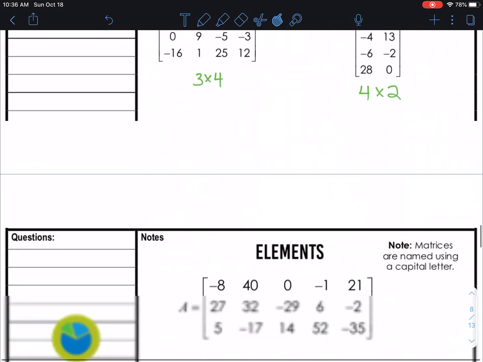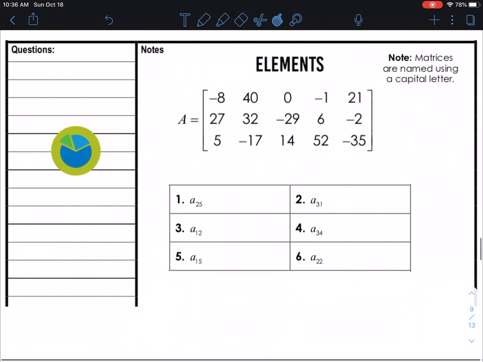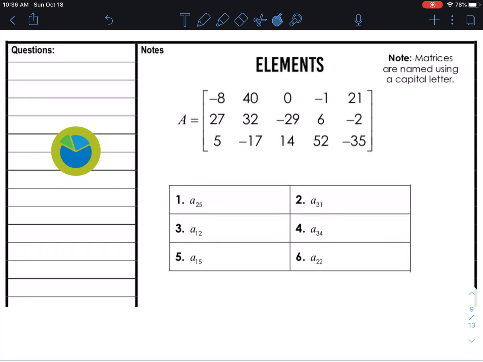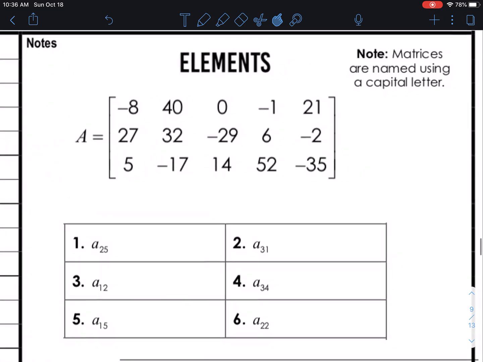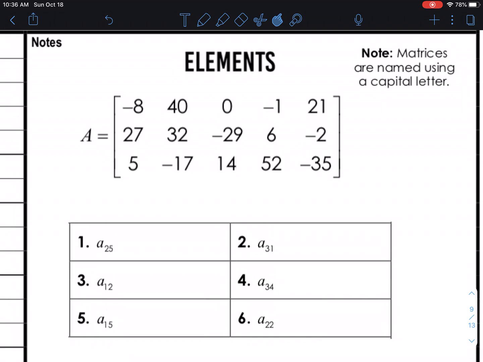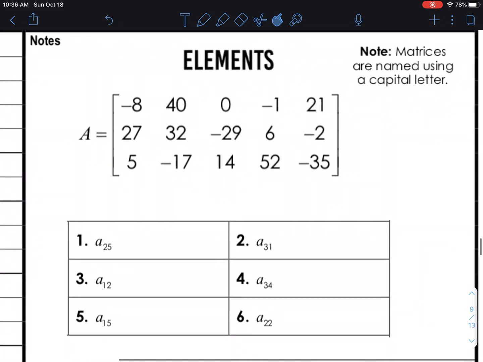All right, let's move to elements. Remember, matrices are named with a capital letter. So here's another matrix, matrix A, and we have a bunch of elements, and each are located in a specific spot. Now, this first one, you'll notice it says a, a lowercase a to represent the address.